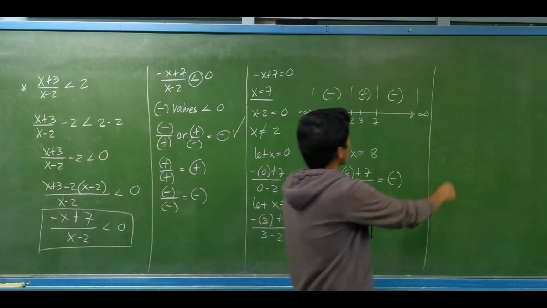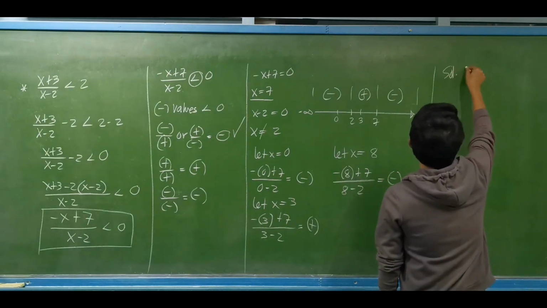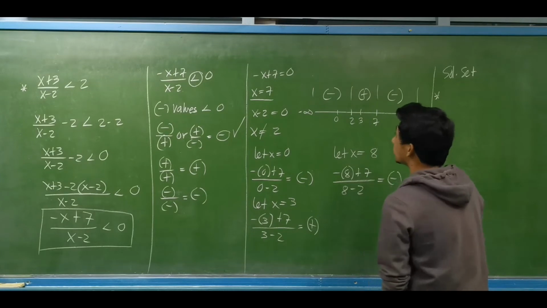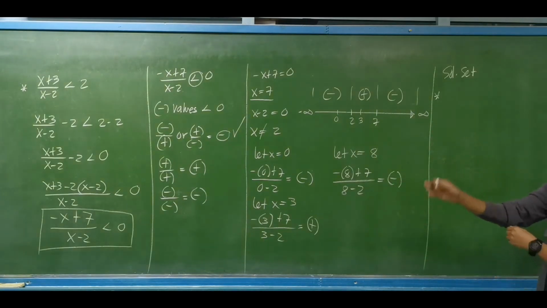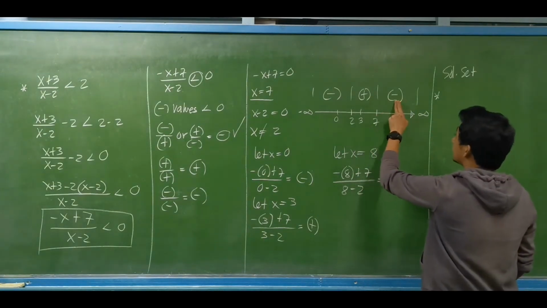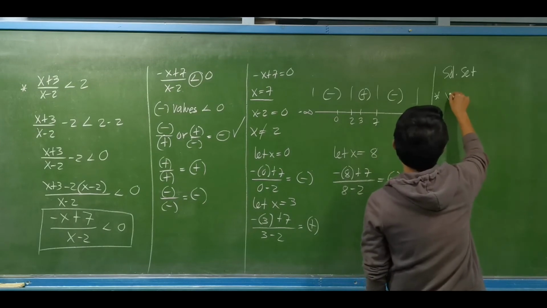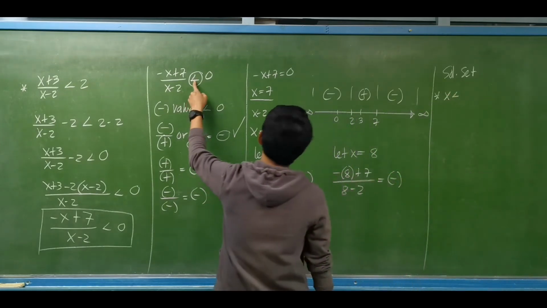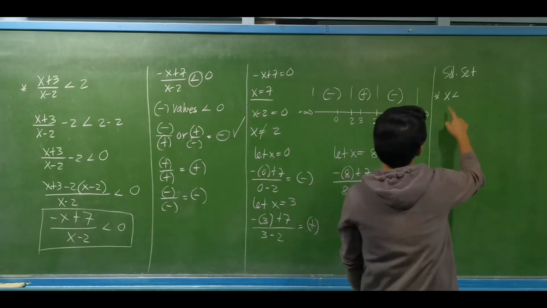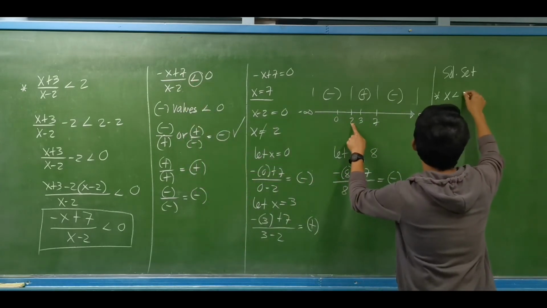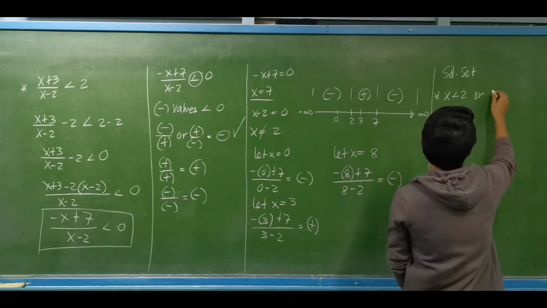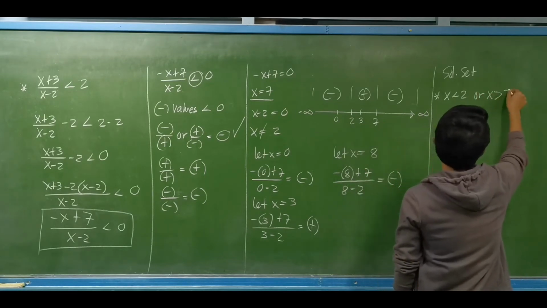So for the solution set, in terms of inequality, which intervals satisfy the inequality? Take note that we have a less than sign. x is less than 2 or x is greater than 7.